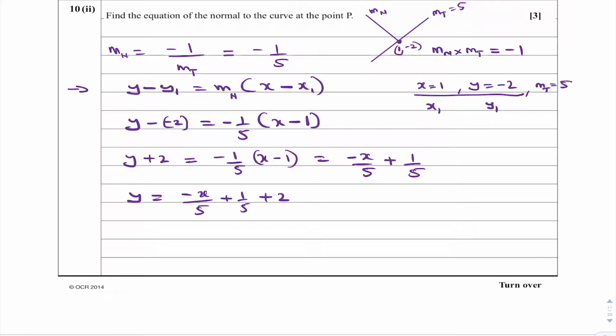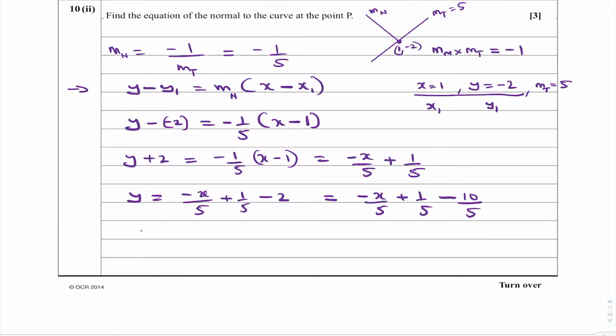So what I'm going to do is make all the denominators the same. So y equals minus x over 5 plus 1 over 5, and then minus, so 5 times 2 is 10, 10 over 5.